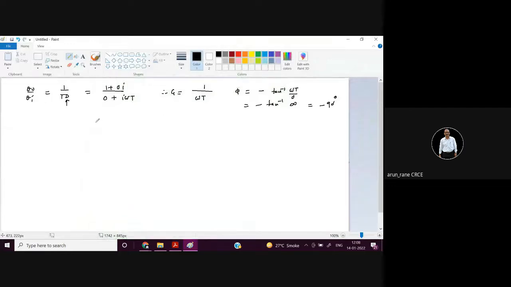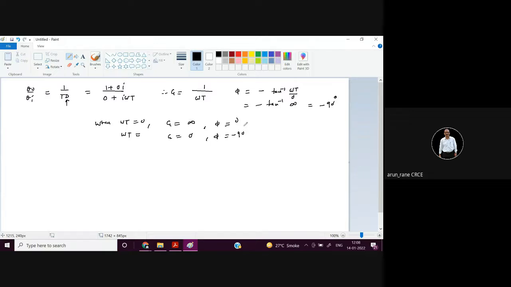When omega t is equal to 0, G is infinity, and phi is minus tan inverse of 0, so phi is going to be 0. And when omega t is infinity, G is equal to 0 and phi is going to be minus 90 degrees.